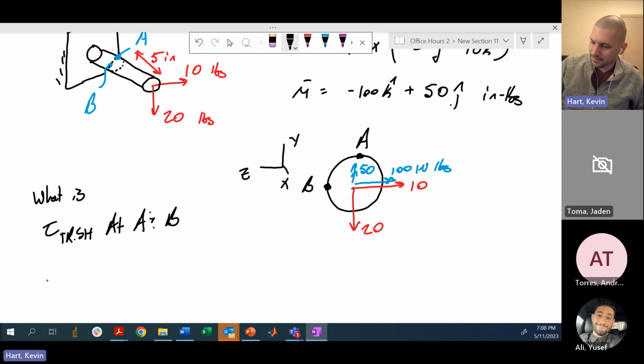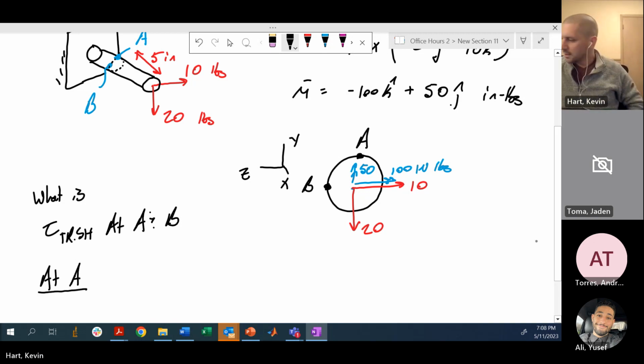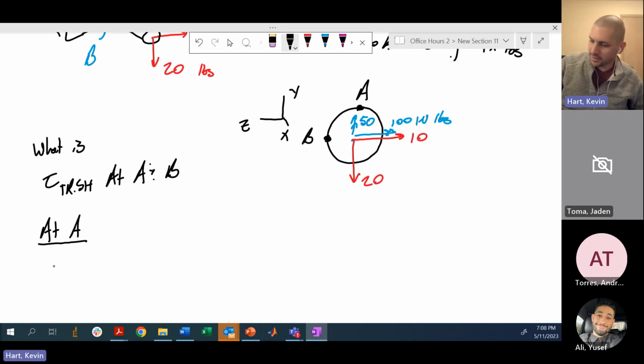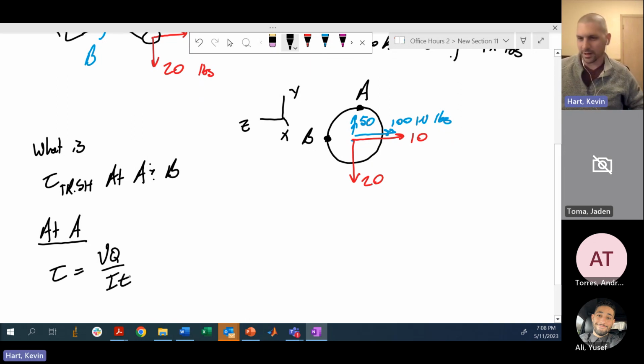Okay, let's look at point A. Your equation is going to look like VQ over IT, specifically if you're looking at transverse shear. There's actually no torsion in this problem. So the only shear stress component that we could possibly have in this problem at any point is going to be from transverse shear.